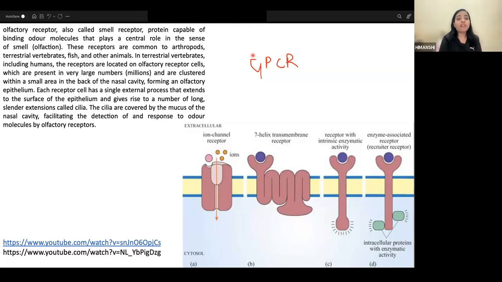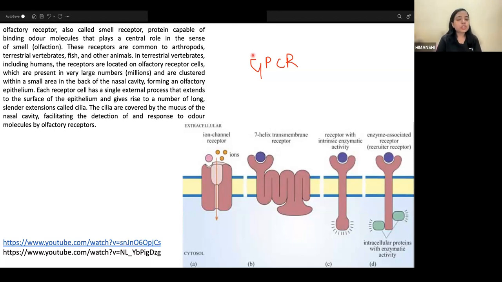Right? So we have millions of these GPCRs or olfactory receptors, and yet we are not the smartest one in using our olfactory system for survival, right? We use our olfaction for day-to-day work, but we are not completely dependent upon our olfactory system. Imagine a dog. A dog has a really good sense of smell, right? So dogs have many more of these olfactory receptors in comparison to us. Why?